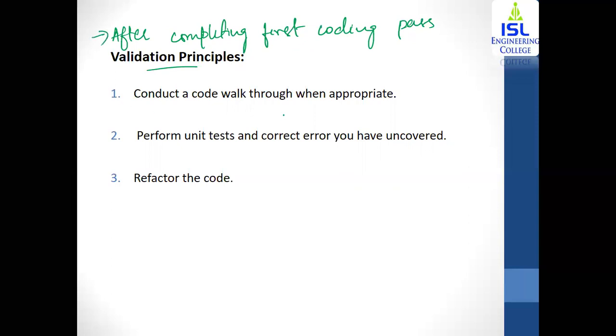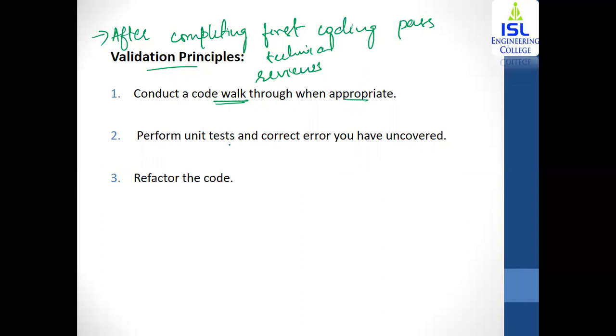The first part is conduct a code walkthrough when appropriate. Now code walkthrough means you're going to take reviews, you can take technical reviews for your code that you're designing. That is each and every line of code, each and every structure, classes that you use, whether they are properly defined or not. You can take reviews whenever appropriate.